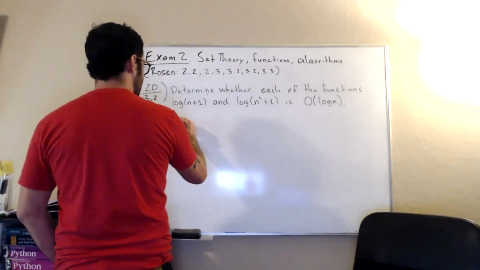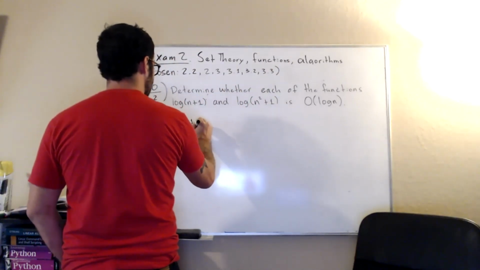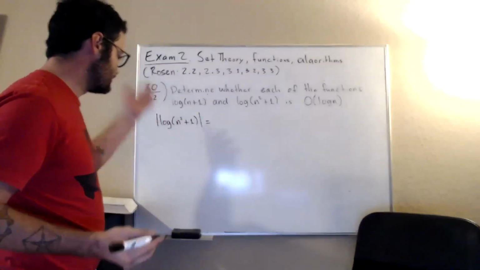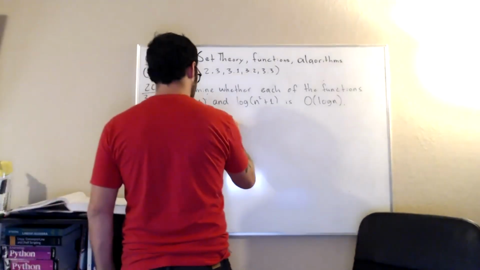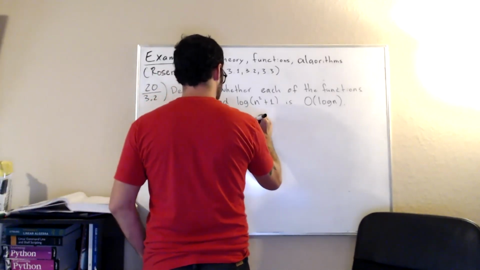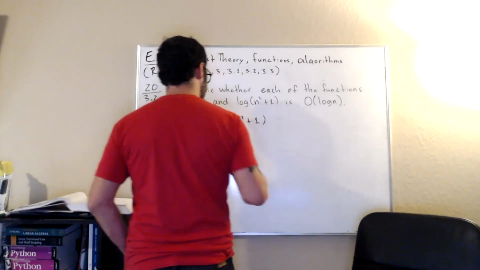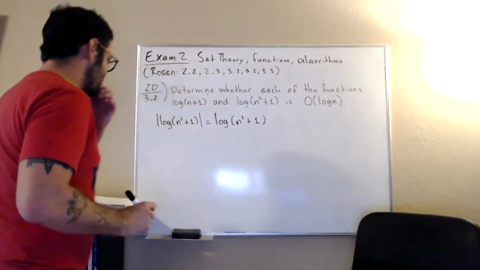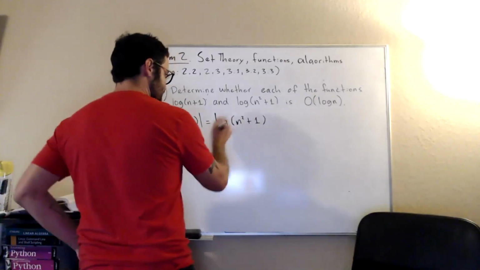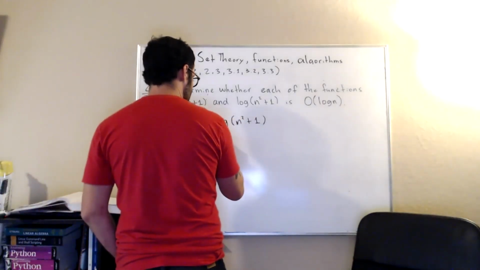The absolute value of log of n squared plus 1. Again, the same trick. Whenever n is greater than 0, we can drop the absolute values. And then when n is greater than 1, n squared is greater than 1. So log is an increasing function.